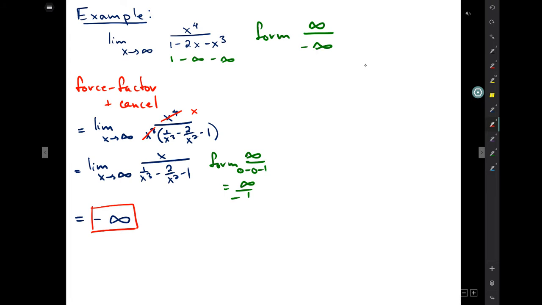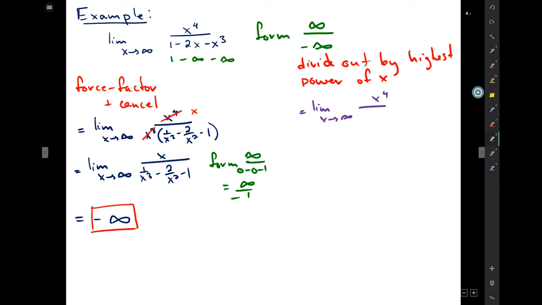Now on the other hand, I can divide out by the highest power of x. And I'm actually going to show you what happens if you don't do this correctly. So the highest power of x overall is x to the 4th. So I have x to the 4th over 1 minus 2x minus x cubed.